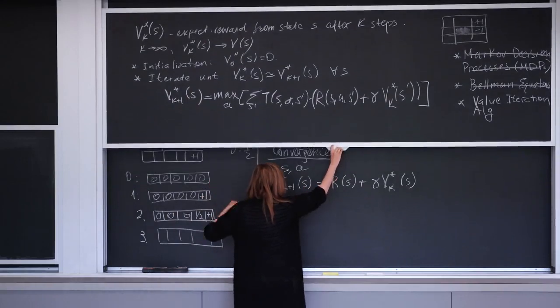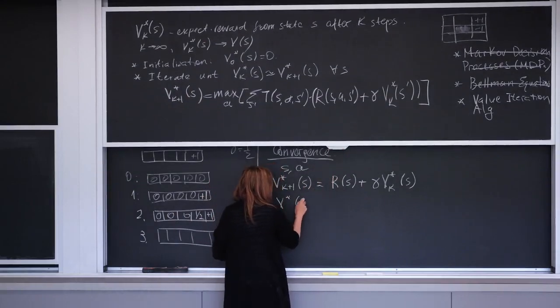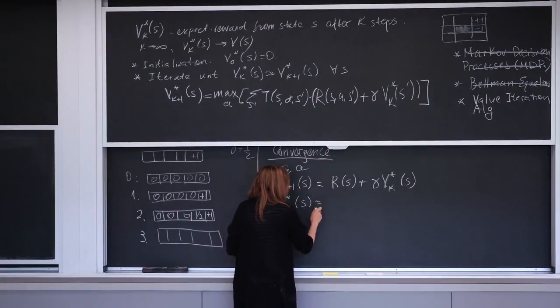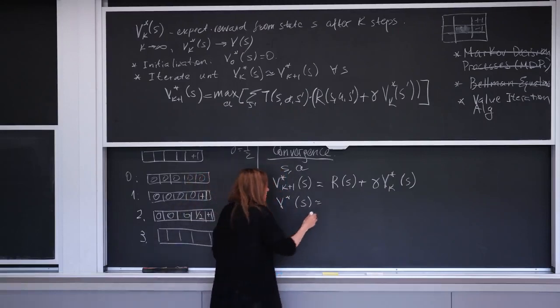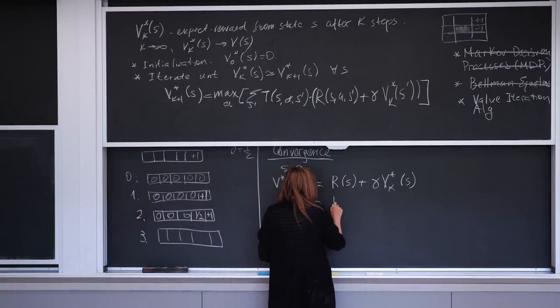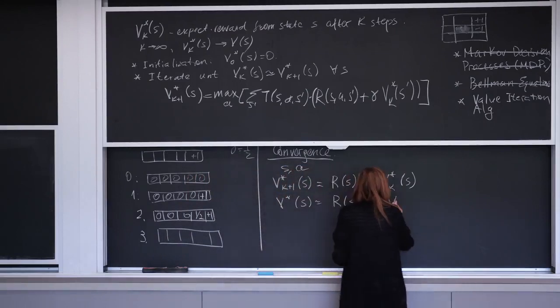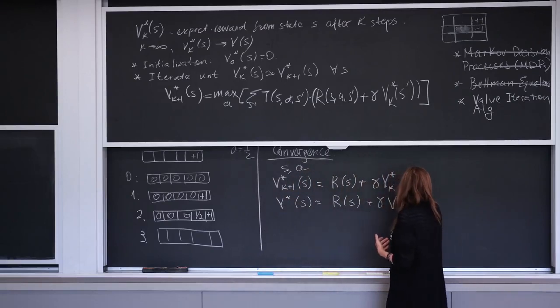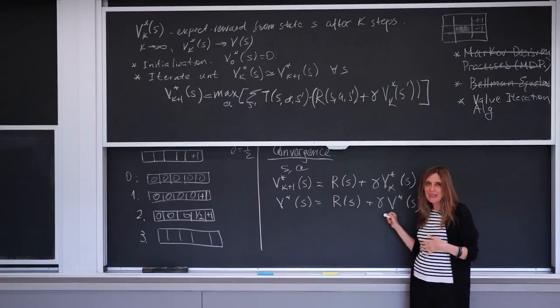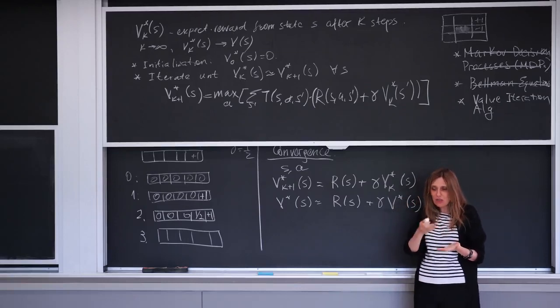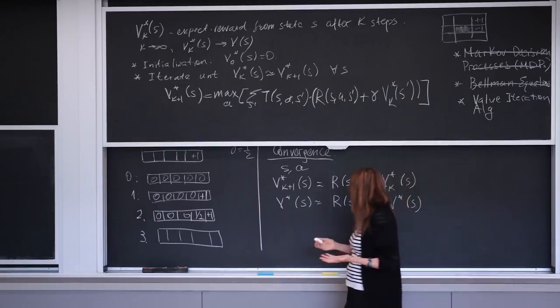What we know is that when I am in the converged state S and I take my next step, nothing is going to change. So I also know that it's equal to V star S. Because this is my stop condition: we don't continue when my previous iteration and the current iteration have very close values.